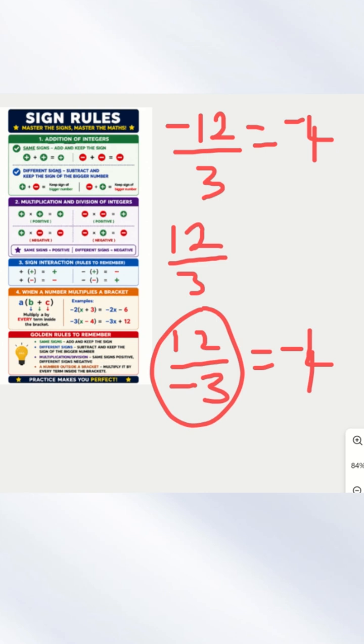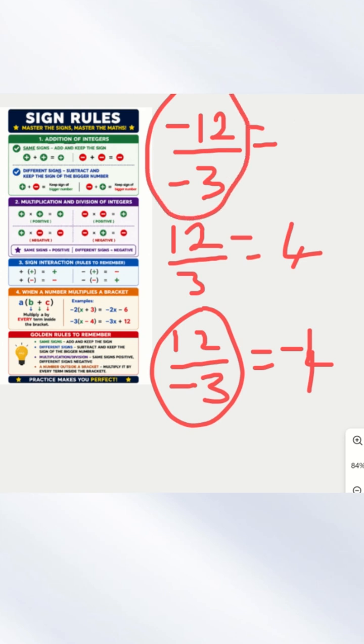But when you have 12 divided by 3, two of them are positive, so the answer will be positive. And another thing to add is minus 12 divided by minus 3. You see this one?